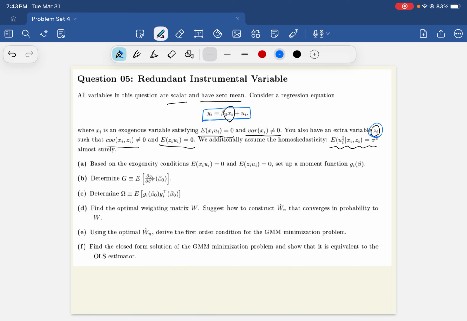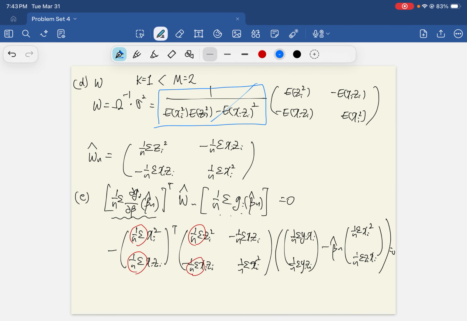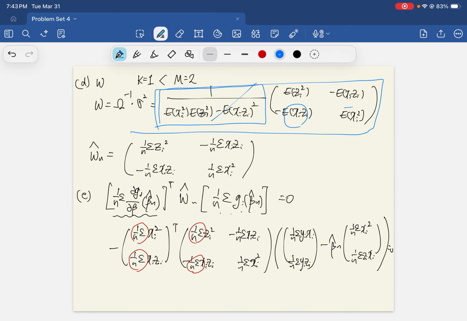So I tried an additional instrumental variable, right? I collected an additional variable and I checked if it may help. What is interesting here is, I tried to find the optimal weight. So the optimal weight looked like this. And what is interesting here is every component had some weight.